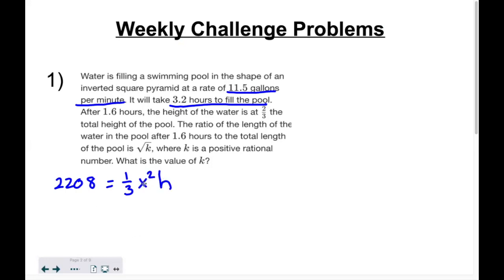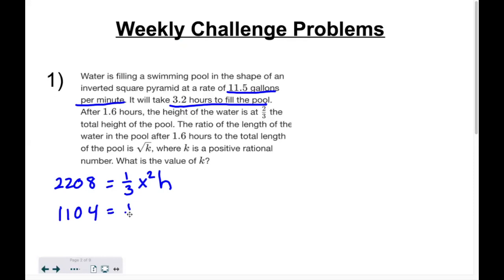So this x represents the length and width of the pool, or in this case, just the length of the pool. And then we've got h for height. Now after 1.6 hours, well, 1.6 hours is just half of this, so it's going to have a volume of 1,104, which is half of this.